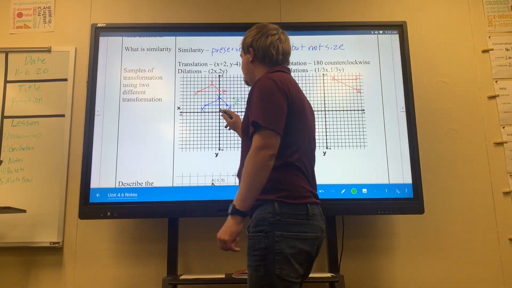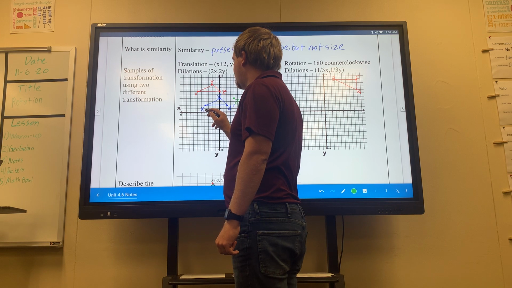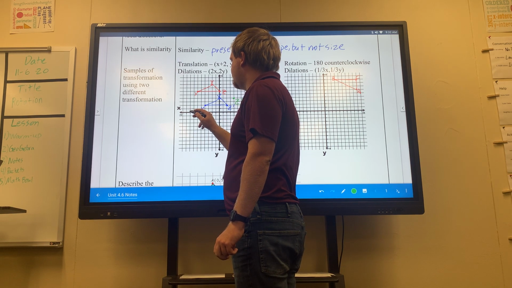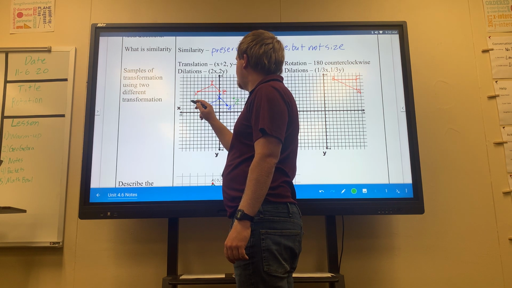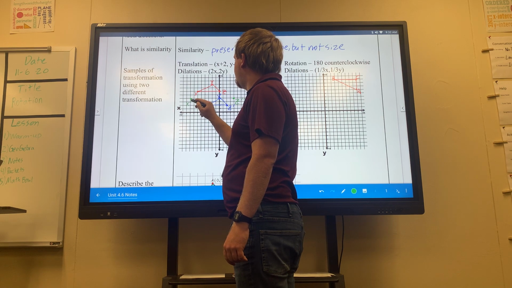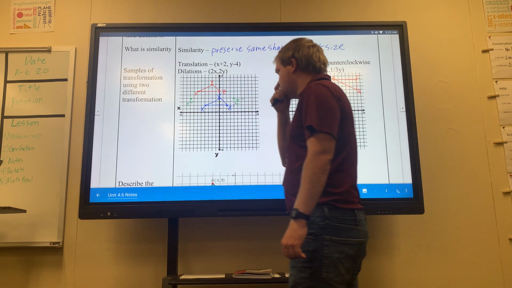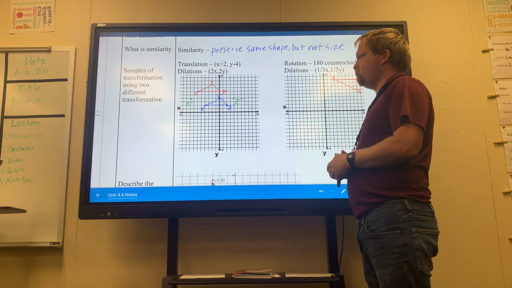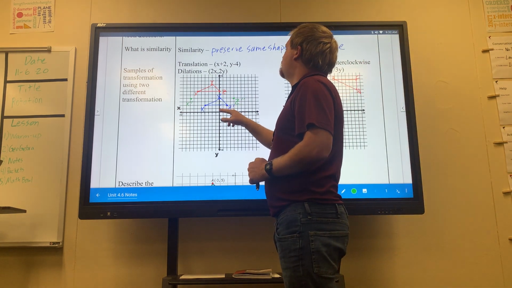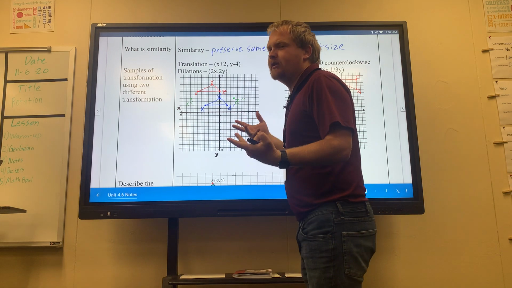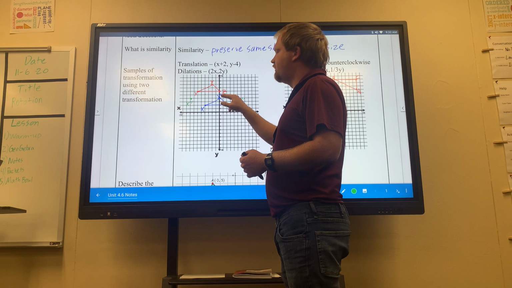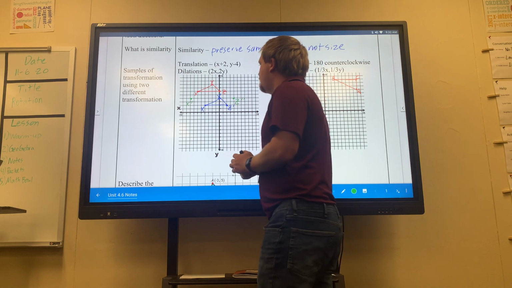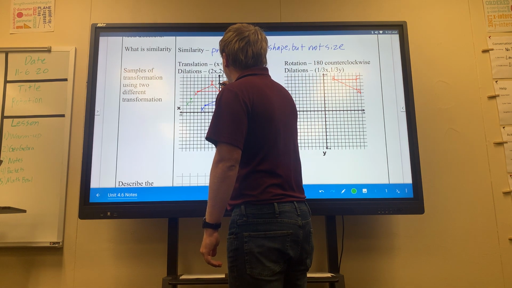Now this right here, negative 4 times 2 is negative 8, and 2y, 2 times 2 is 4. So my X double prime is at negative 8, 4. And then Y prime, x is 0, so 2 times 0 is 0, that doesn't change. But since y is 4, 2 times 4 is 8.